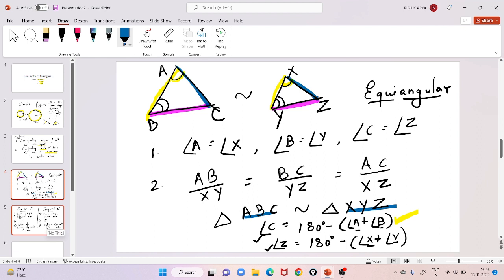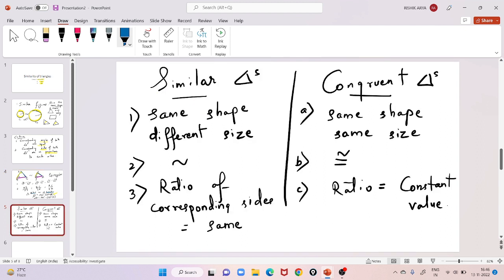Okay, now a question arises in your mind: what is the difference between similarity and congruency? So in similarity, shape should be the same but size may vary, but in congruency both should be the same. These are the symbols of similarity and congruency. And in similarity, corresponding sides ratio should be the same, but in congruency it is a constant value.